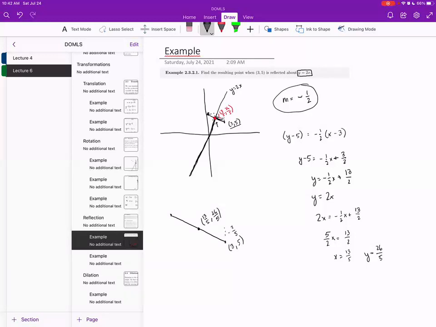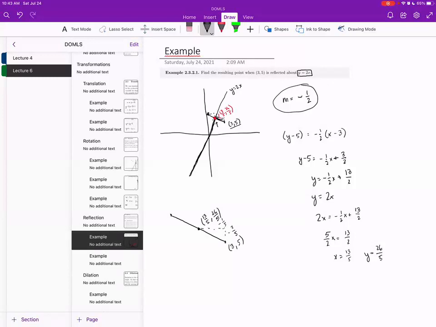And then the amount that we go to the right by is going to be 26/5 minus 5, which is actually to the right. This figure isn't exactly drawn to scale, but this would be 1/5.